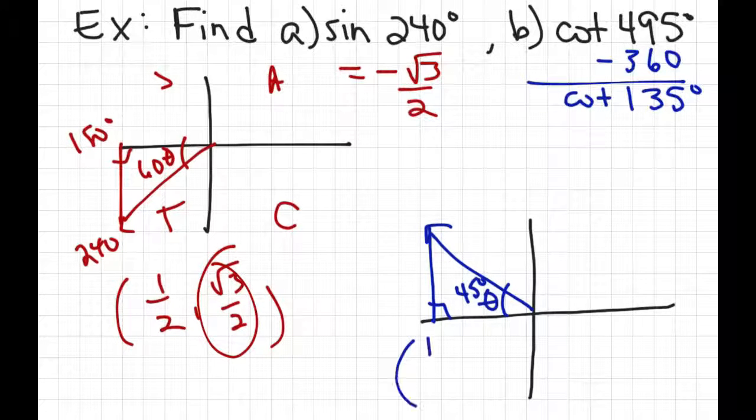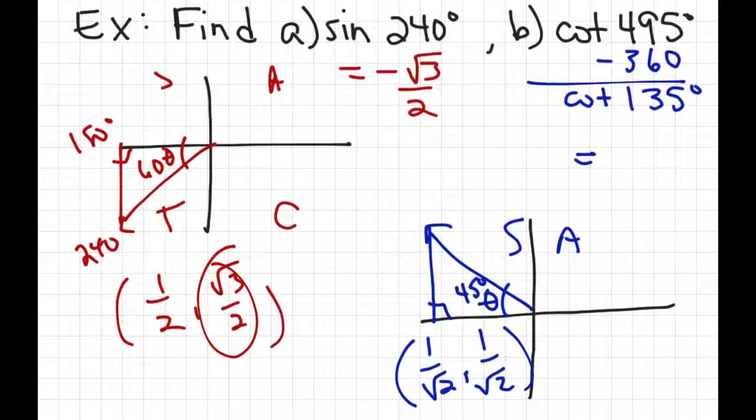Which means that this is my ordered pair, where 45 degrees hits the unit circle. Next question, should the answer be positive or negative? Well, only sine and its reciprocal are positive in quadrant 2. Everything else is negative, so tangent must be negative. Negative what? Well, cotangent is the reciprocal of tangent.